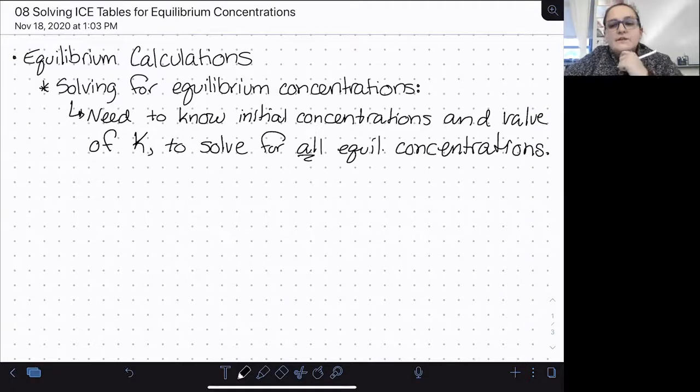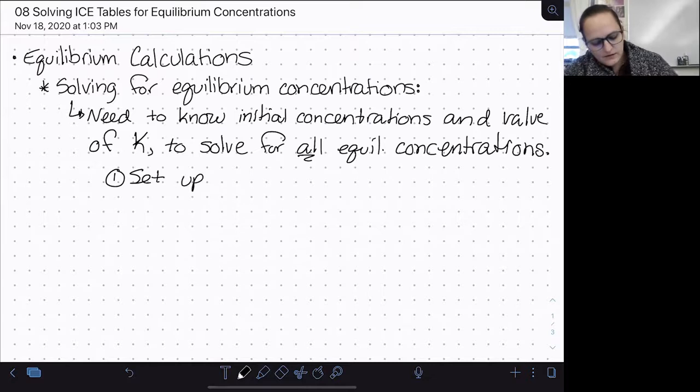So in this case, we're going to set up our ice table just like we have been, and write our equilibrium expression.